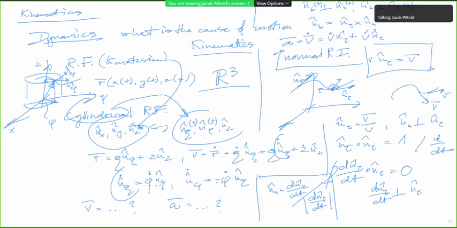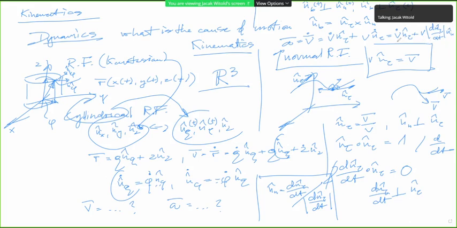So you can change this into the following term, that you have v dot n tau plus, and here you have the velocity value multiplied by dn tau over dt and multiplied by n_n.